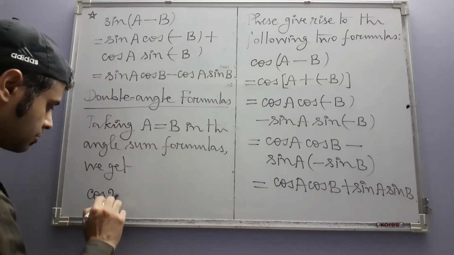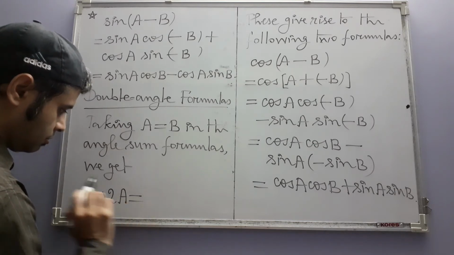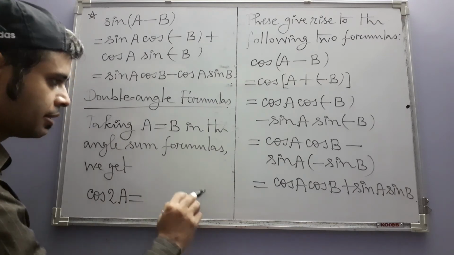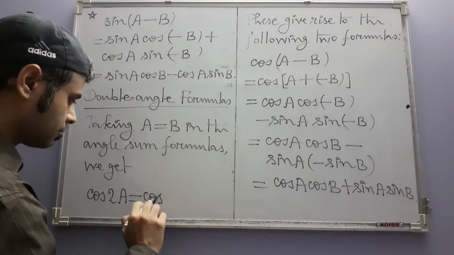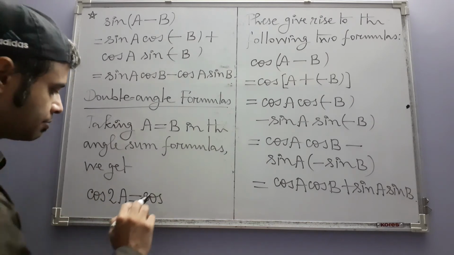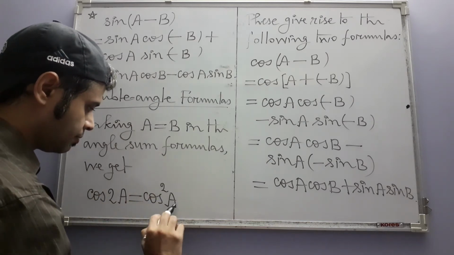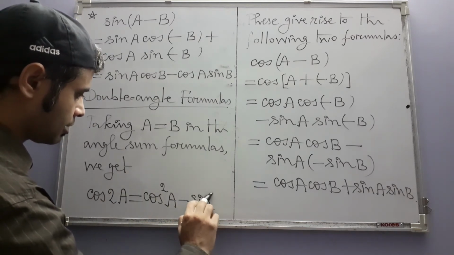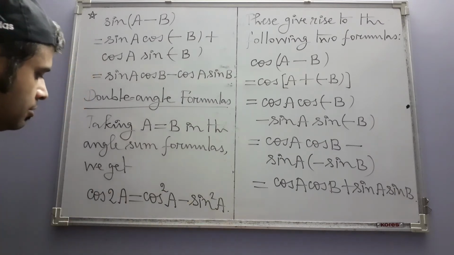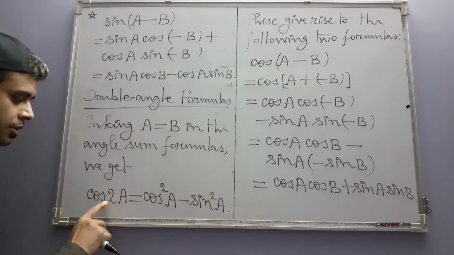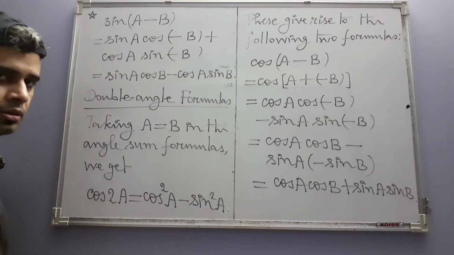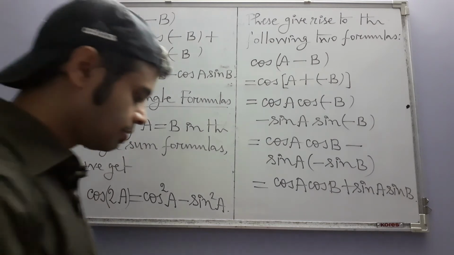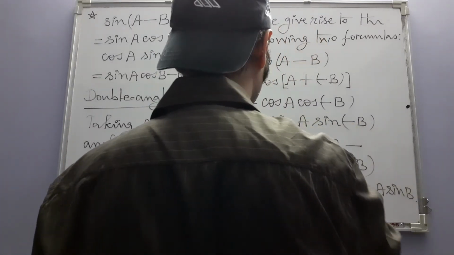So that means cos 2A equals cos A cos B minus sin A sin B. But because A is equal to B, that means cos square A minus sin A sin A, that means sin square A. So this is a double angle formula where we have taken twice the angle cos 2A. Just like that, there is one for sine, which comes from the sine summation formula.